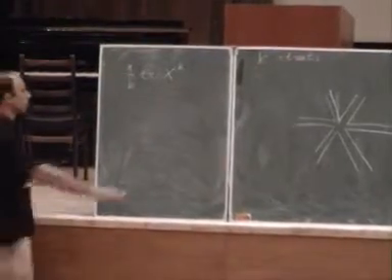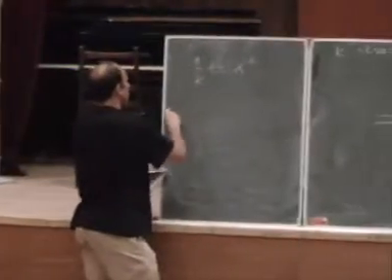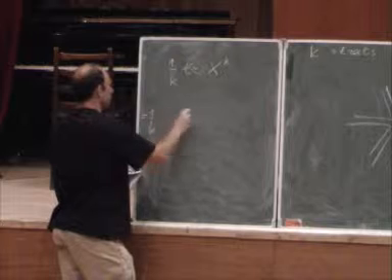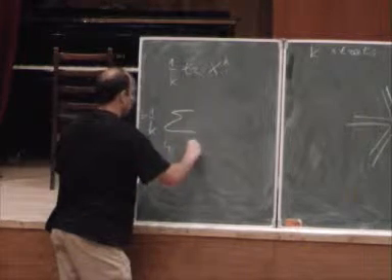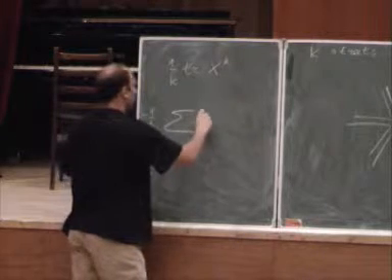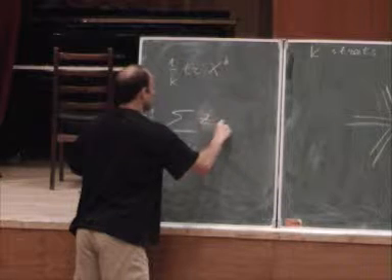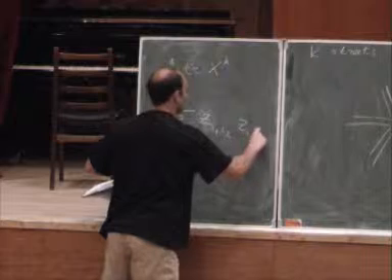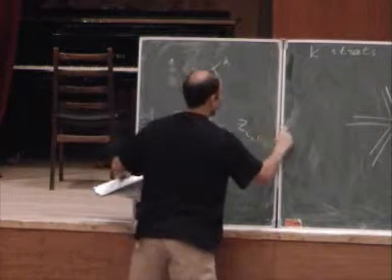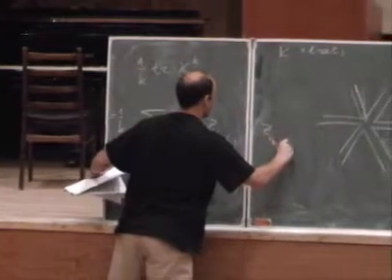Why is this? Because I will write in detail what trace of x to the power k is. So this is 1 over k, sum over i1 to ik of z i1 i2, z i2 i3, etc., z ik i1.